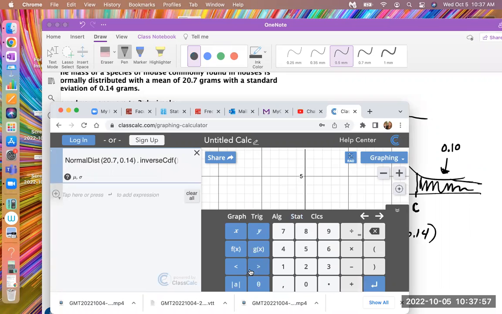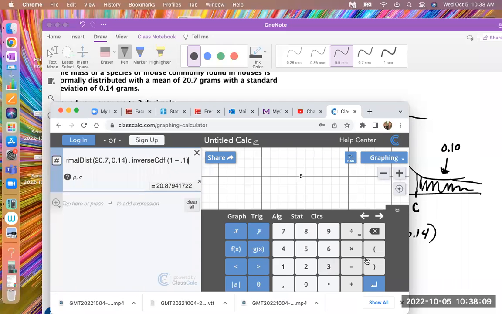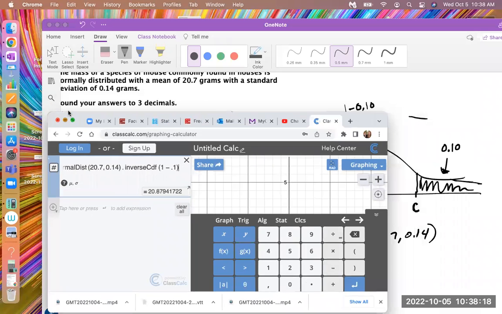I do inverse normal CDF, and you can calculate what 1 minus 0.10 is, or usually the calculator will just let you input 1 minus 0.10. And there you go. It's 20.879. 20.879 is our answer.